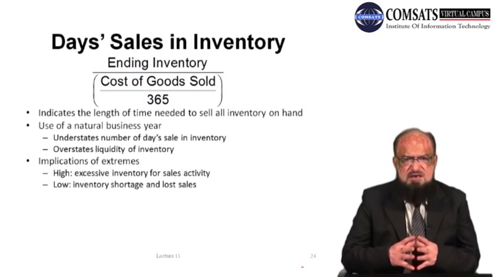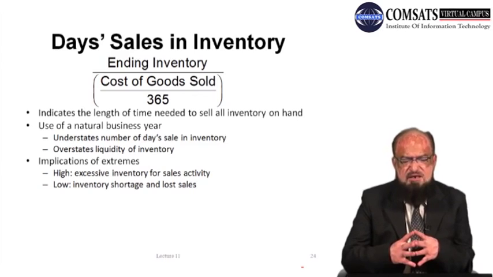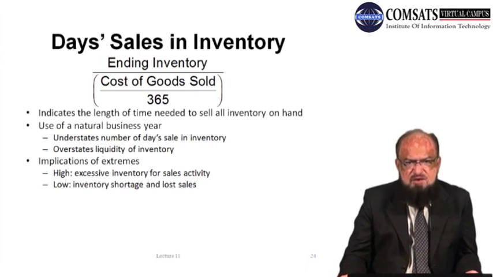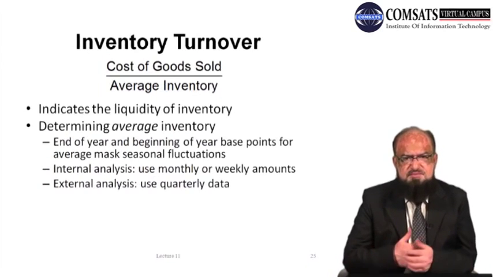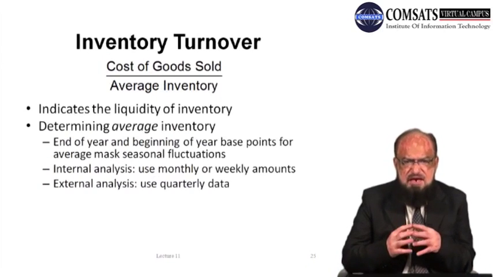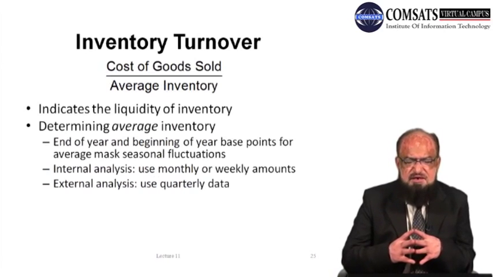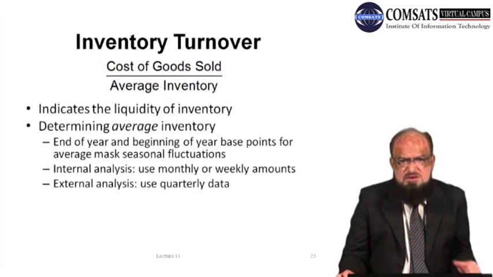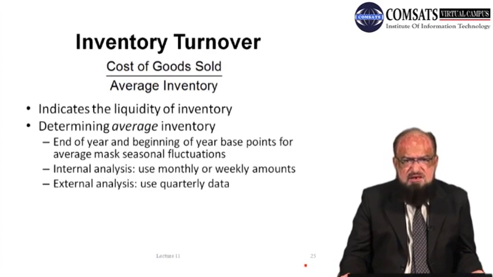Then dear students, we discussed in lecture 11 various ratios like days sales in inventory. The formula was ending inventory divided by cost of goods sold divided by 365 days. I have already told you 365 days relates to the days in a year. In this we also calculated inventory turnover. In lecture 11 we discussed inventory turnover: cost of goods sold divided by average inventory.